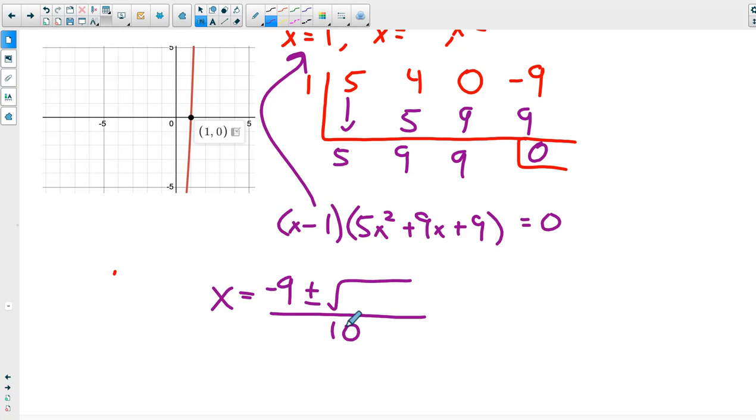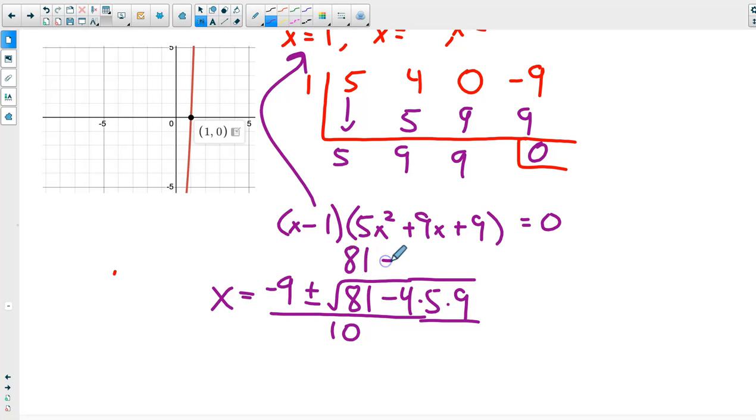Okay, so B squared is 81. Look at that fast math that we got going here. And then -4 times 5 times 9. When you're doing math without the calculator, use the little thought bubbles. So let's think about this. 4 times 5 is what? I'm going to ignore the negative for a moment.